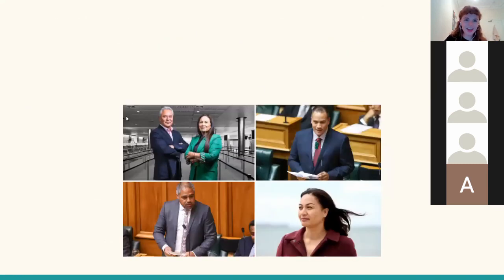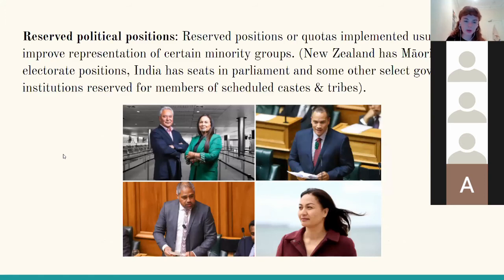Okay, cool. Moving on, we also have systems that have reserved political positions. So this is usually something like a quota, or it could be a special council or a special appointed position that only somebody from a certain group could occupy. An example of this is New Zealand having Maori electorate positions. And then India also has seats in parliament that are reserved for members of scheduled castes and tribes.